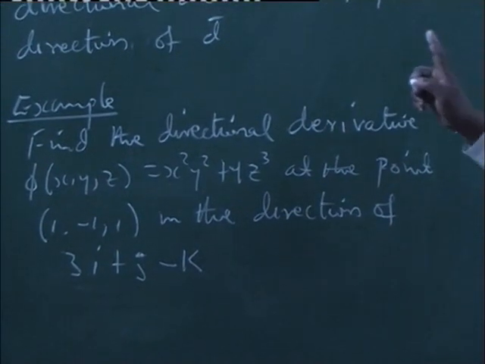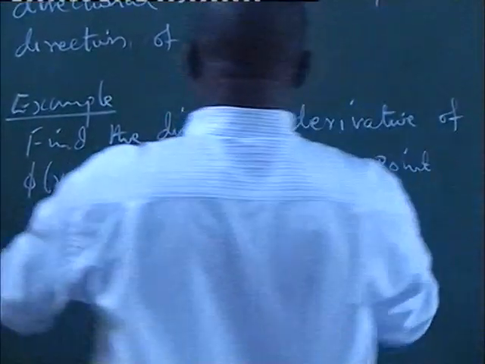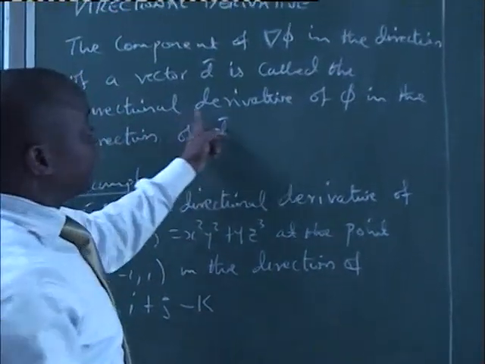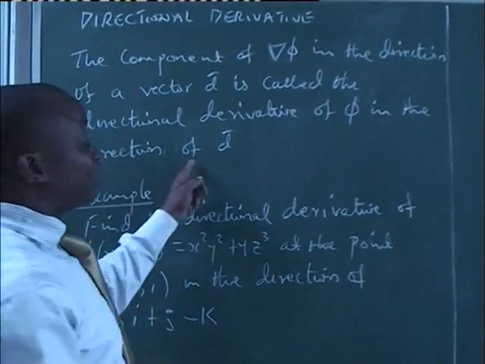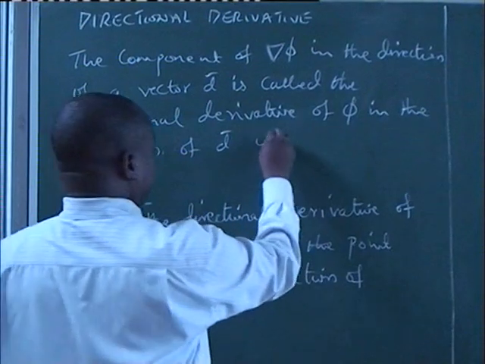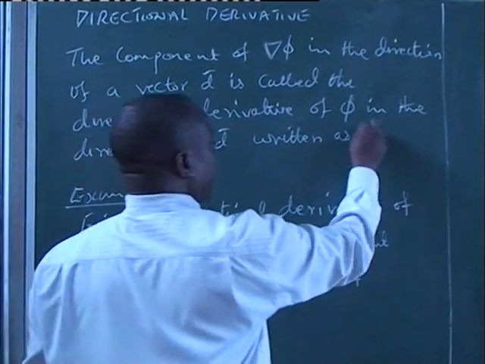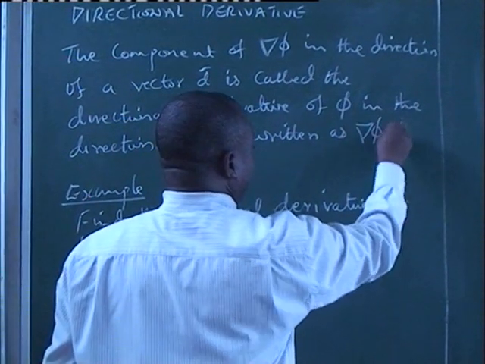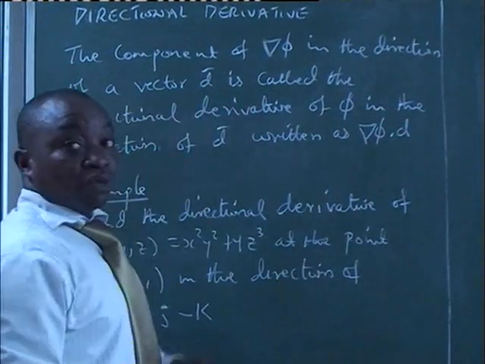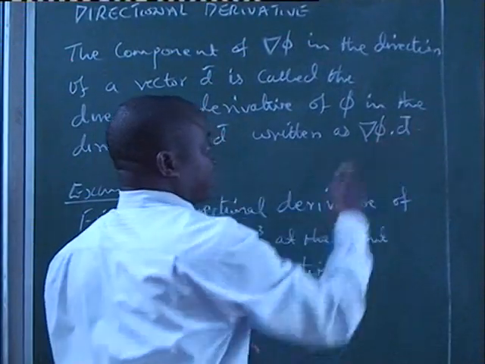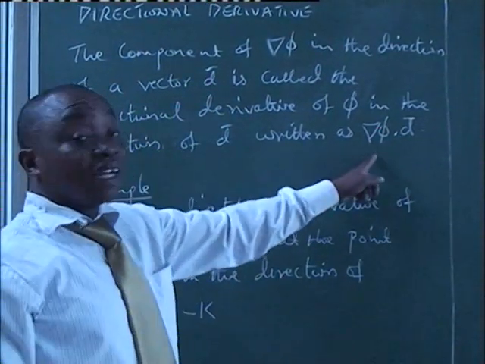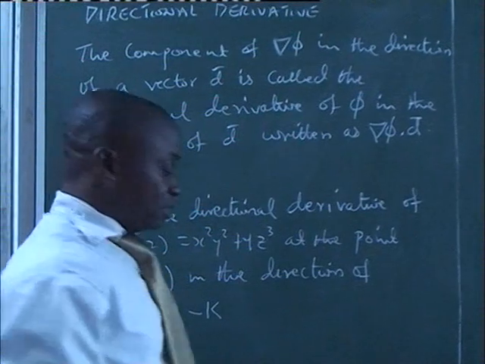Another thing I should put so that we understand it is that the directional derivative of phi in the direction of d is written as del phi dotted with d. So d is a vector. We'll find the phi, then we multiply it by d.